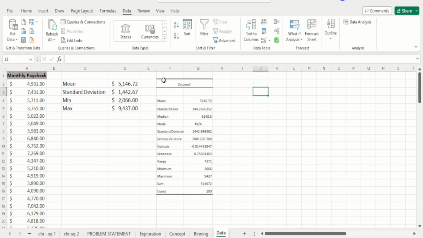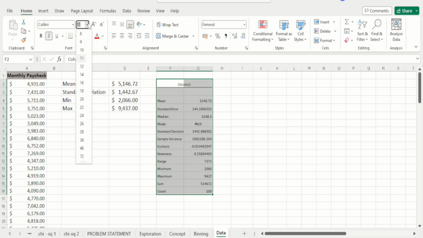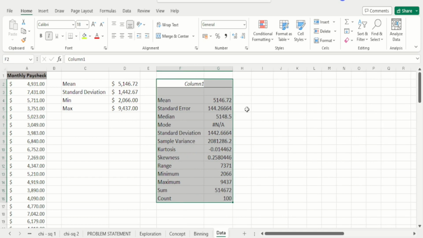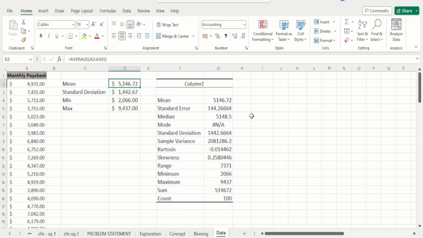As you'll notice here, thankfully, we also calculated the same things manually by using formulas. The good part is you can easily corroborate that what you had earlier calculated manually is correct. So you'll see the mean matches right there, 5146.72. Standard deviation 1442.6664, which you can round off to 6667.